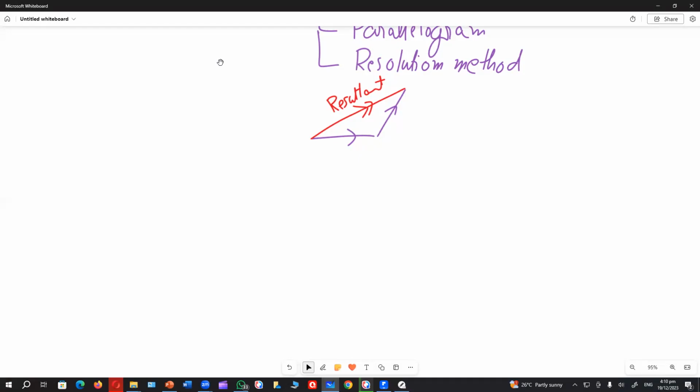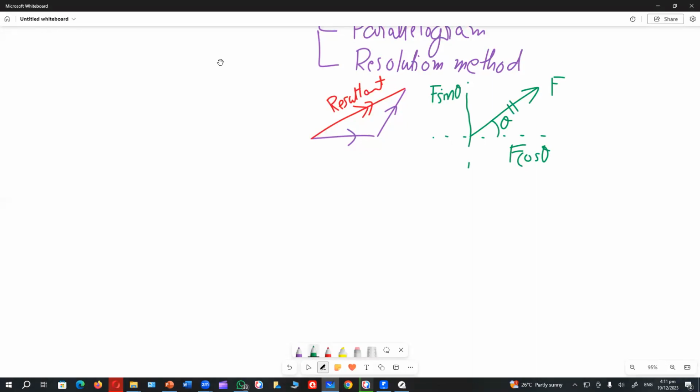Resolution method is very important, and it comes every year. If I recall, if you have a vector at an angle theta like this, this is F. This is F cos theta if you make a cut on it, and this is F sin theta.